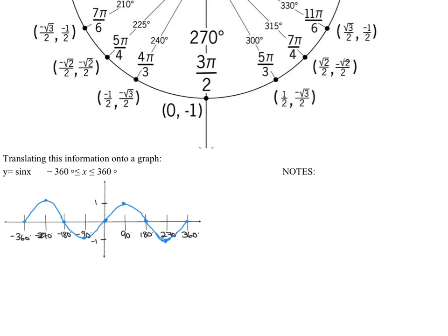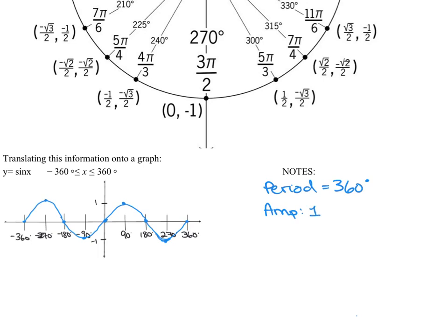We can see from this graph that we've essentially graphed 2 full periods or 2 full cycles of the sine graph or a sine wave. So we know that our period is going to be 360 degrees. The amplitude, basically how high or how low this graph is, is 1.